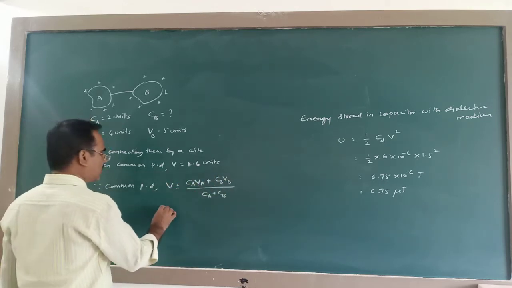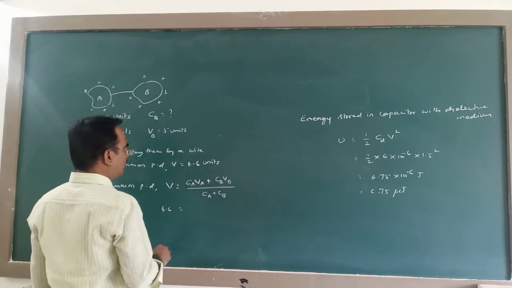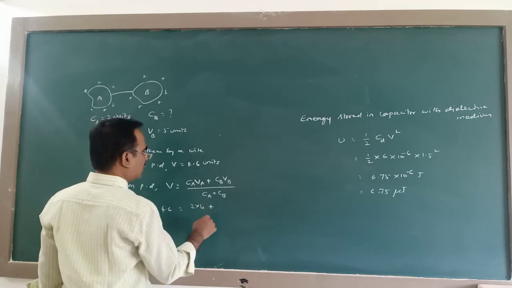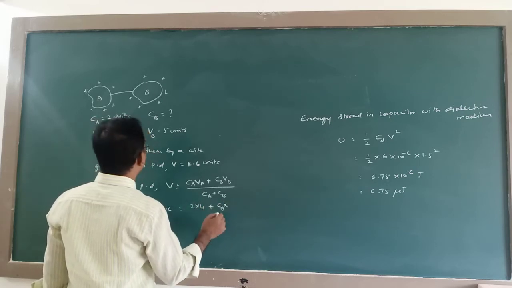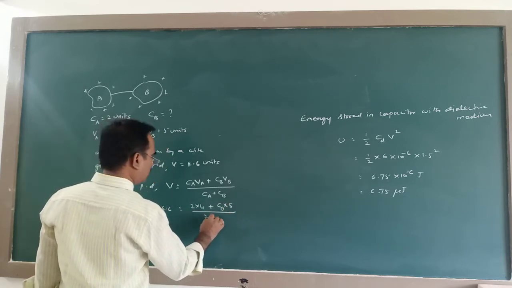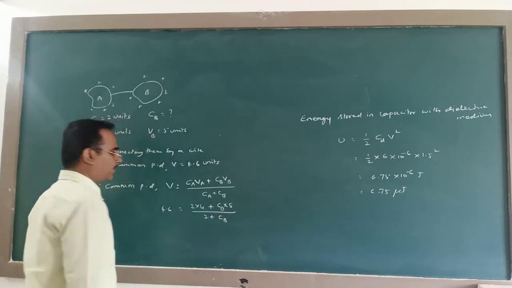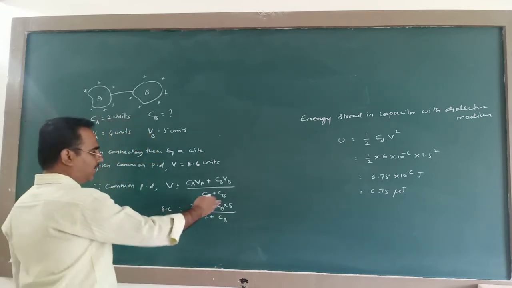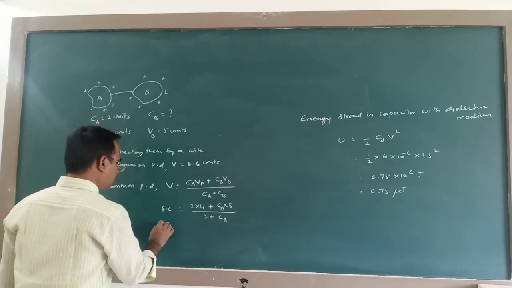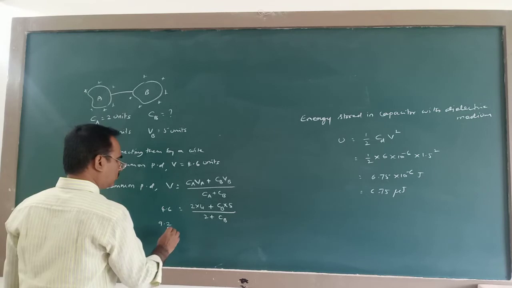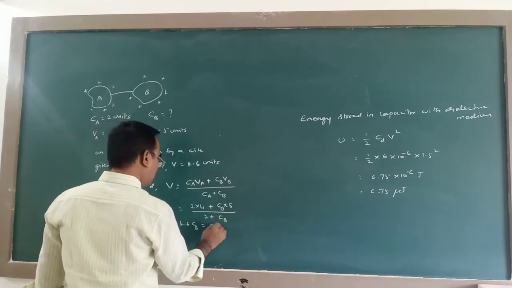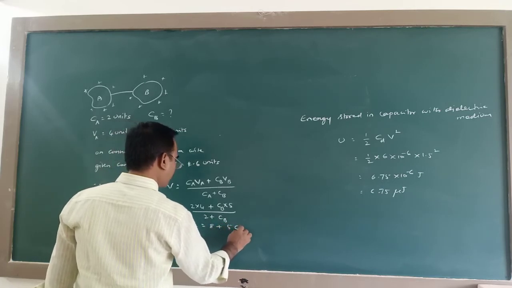You substitute all these values here. 4.6 is equal to CA 2 units, VA 4 units, CB not known, VB 5 units, divided by 2 plus CB. Now you cross multiply, you take this CB common. So this is 9.2 plus 4.6 CB, equal to 8 plus 5 CB.